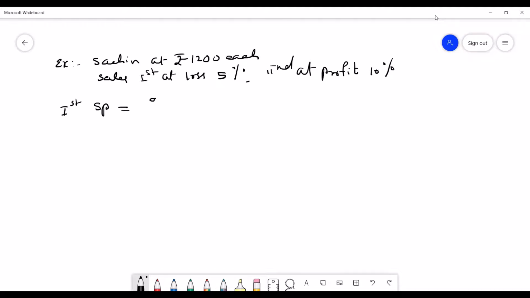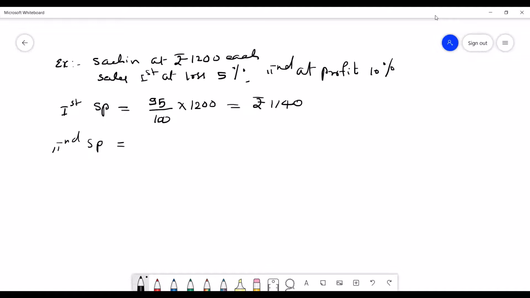So selling price will be 95 out of 100, and the price of the fan is 1,200. So we will be getting rupees 1,140.